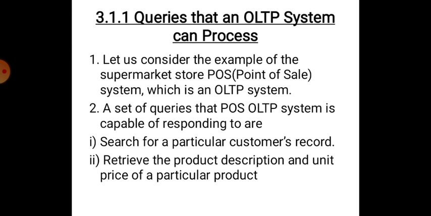Point 2. A set of queries that a POS OLTP system is capable of responding to are: 1. Search for a particular customer's need. So what is the customer need of an individual? Next, retrieve the product description and unit price of a particular product.